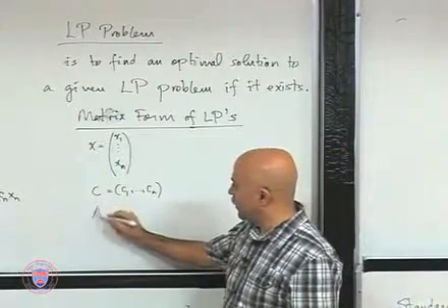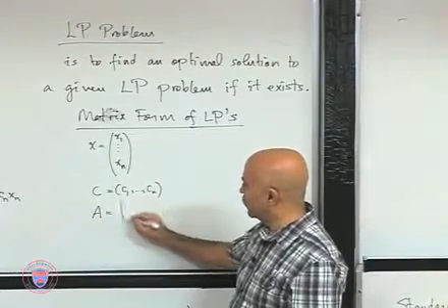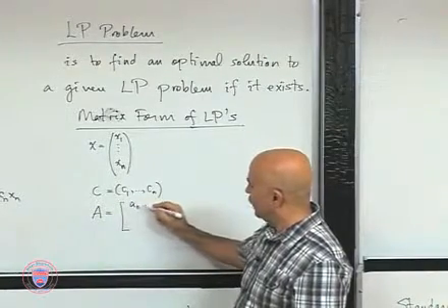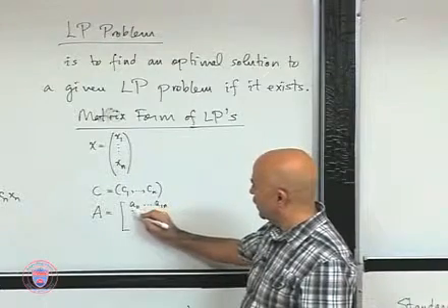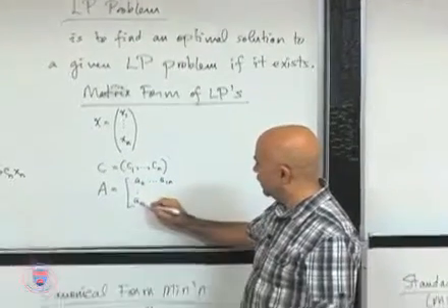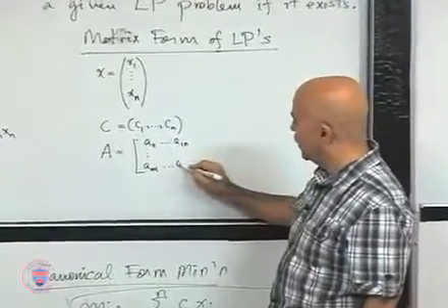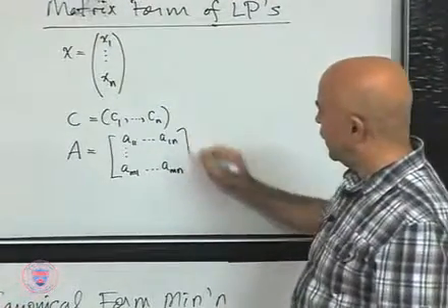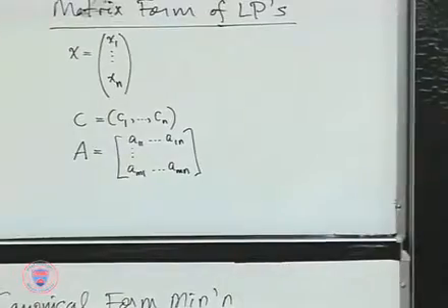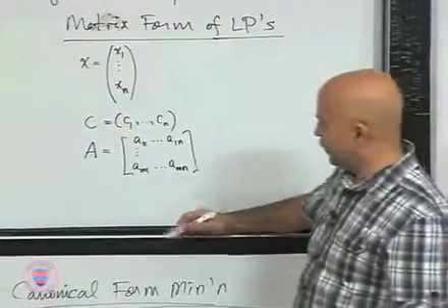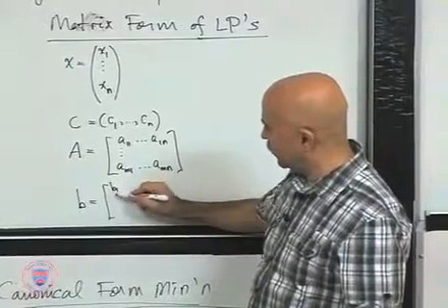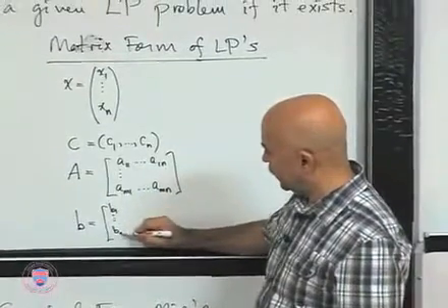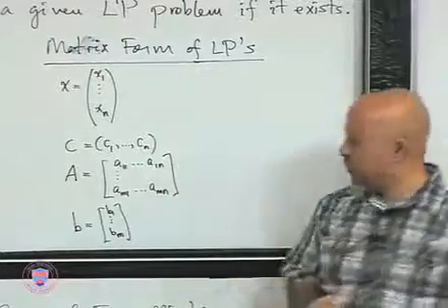Then we define an m by n matrix A having all these elements, the aij's. And what else? We also have a vector b, which stands for the vector of right-hand side values, b1 through bm.